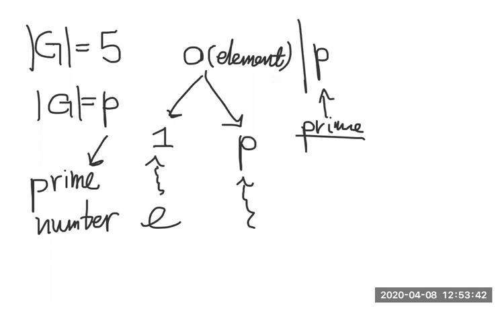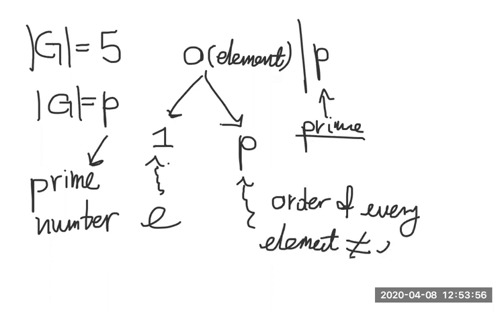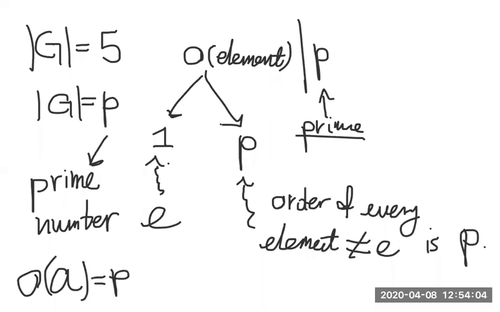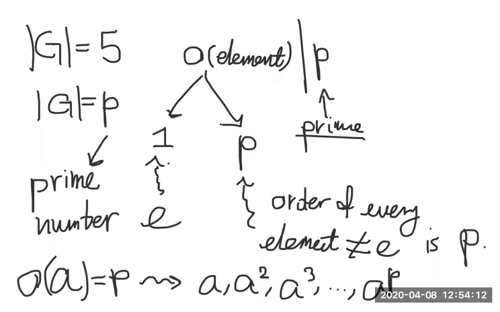So the order of every element in G which is not the identity is P. So let's say A is an element such that the order of A is P. If we look at A squared, A cubed, up to A to the P, just like the previous case where we were looking at Z4 and there was an element of order 4, these are P different elements.